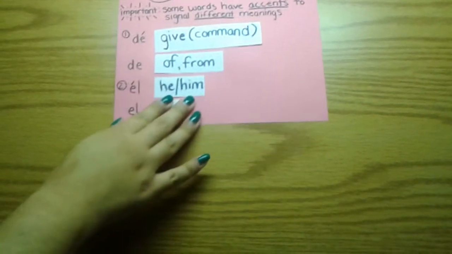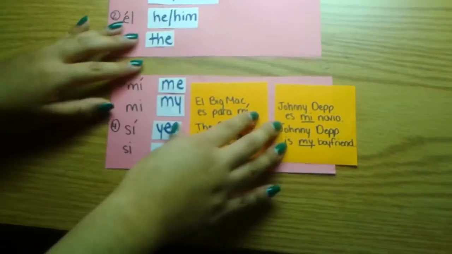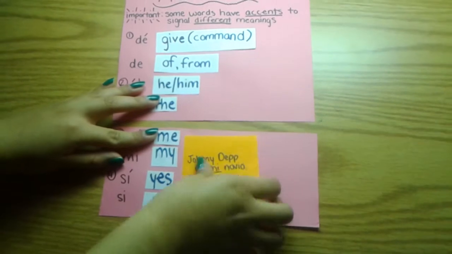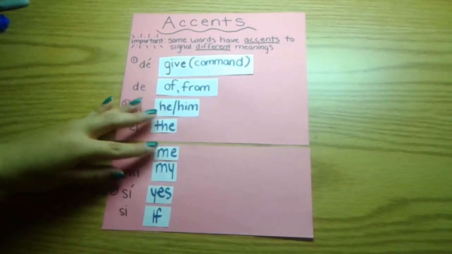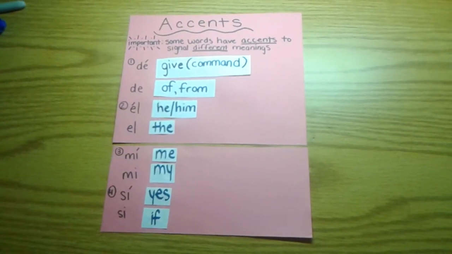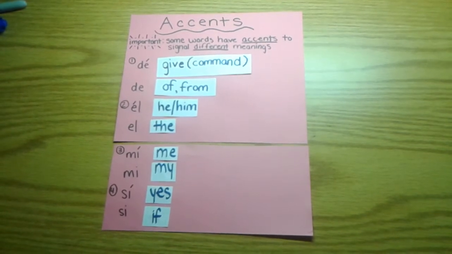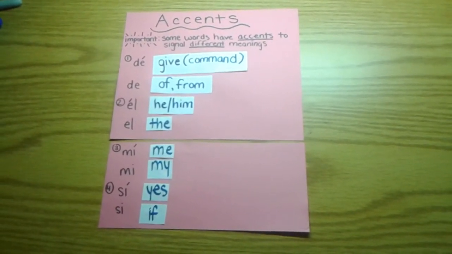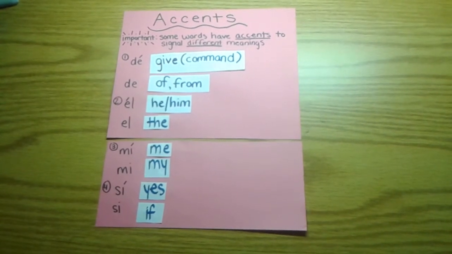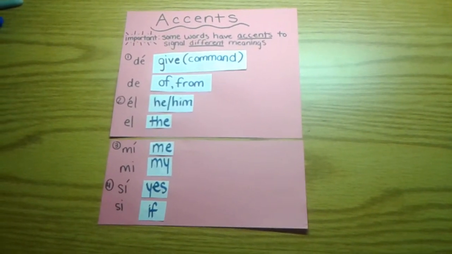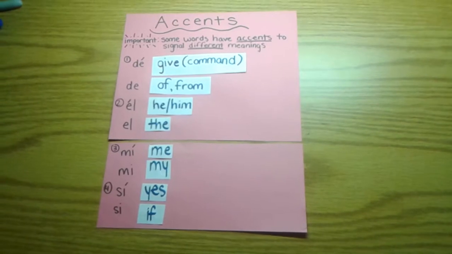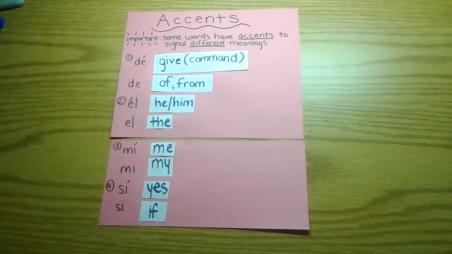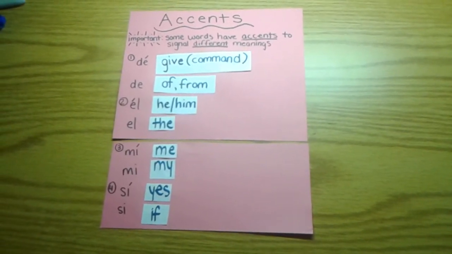So as a refresher, sí with an accent means yes. Si without an accent means if. Mí with an accent on the I means me. And mi without an accent on the I means my.